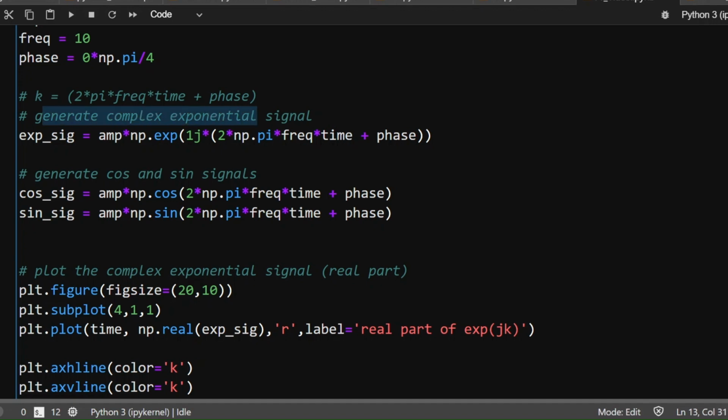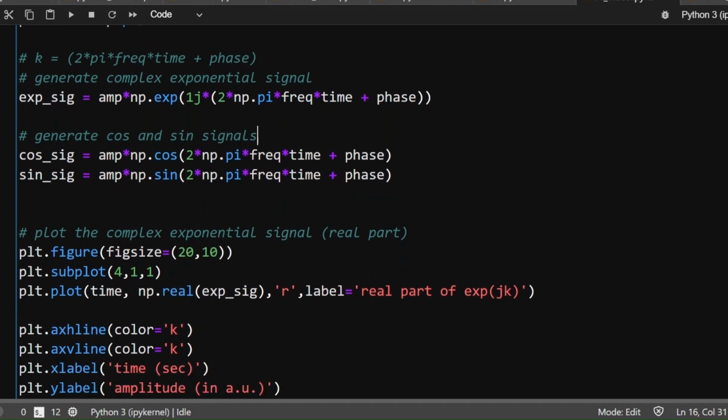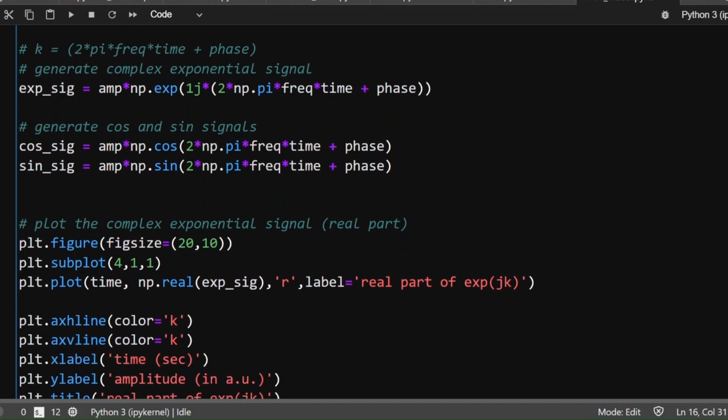So to generate a complex exponential signal, earlier we were using ij multiplied by k. Now this k has been replaced by this particular expression, and that's how it's going to generate frequencies with respect to time. Also, we want to double check whether the signals that are generated from complex exponential are the same as what they are in sinusoids, which is cos and sine.